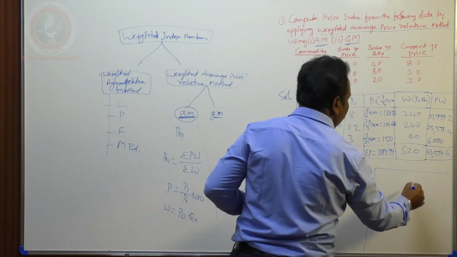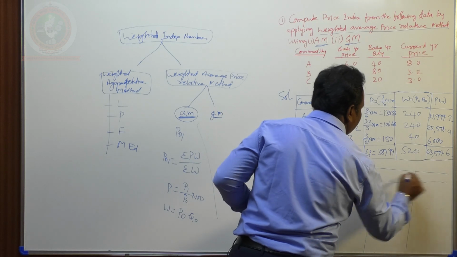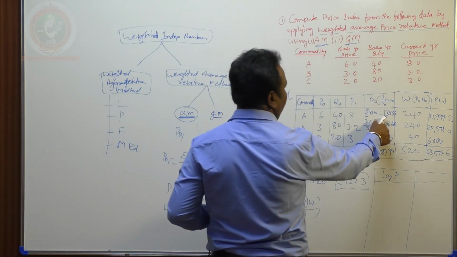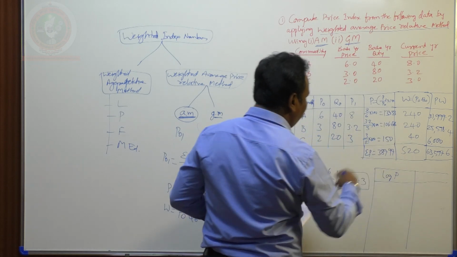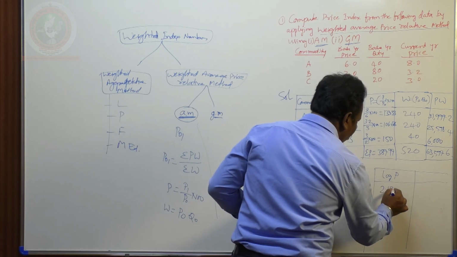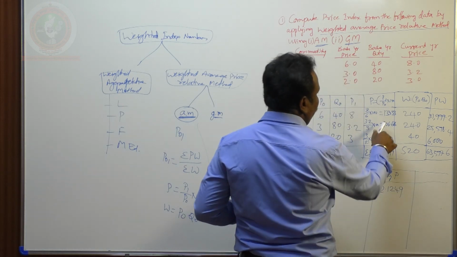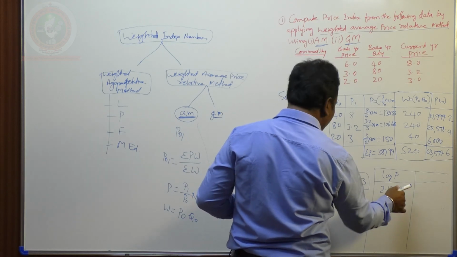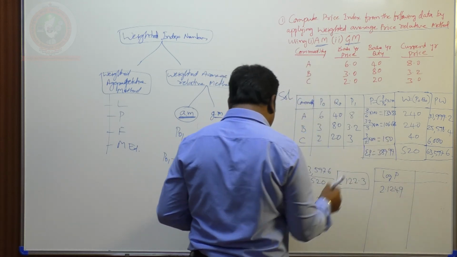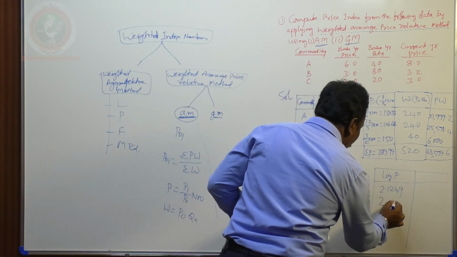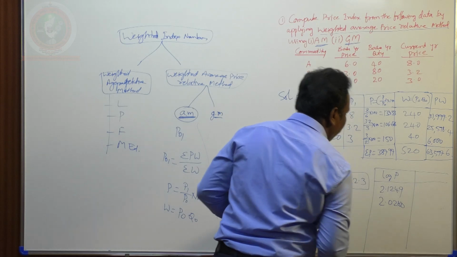In extension of this, we call it log P. The log P has to be calculated. P is calculated as 133.33; the log of 133.33 is 2.1249. The log of 106.67 is 2.0280.